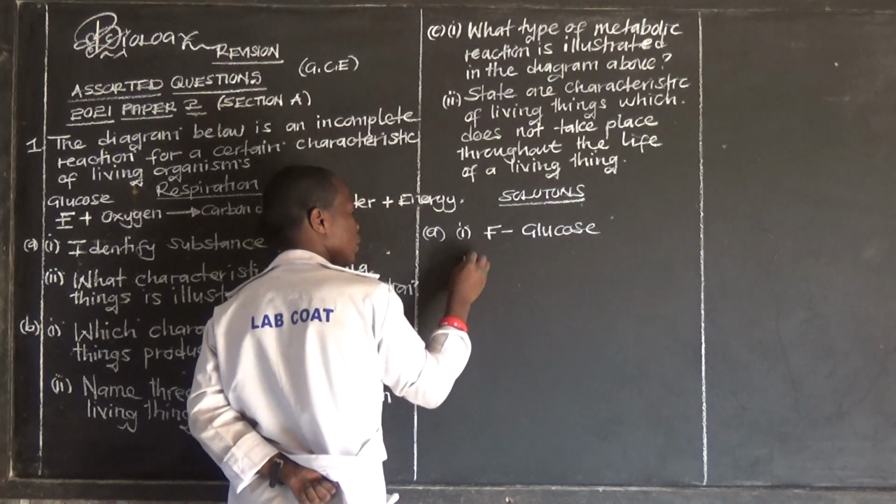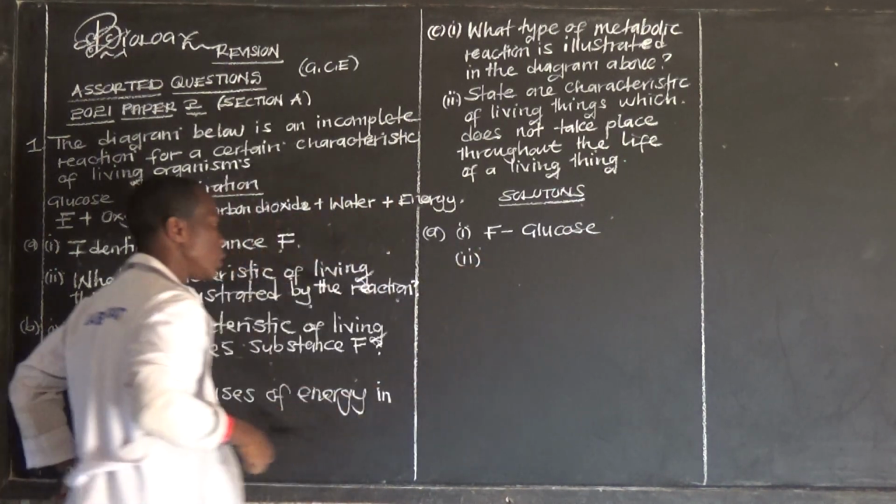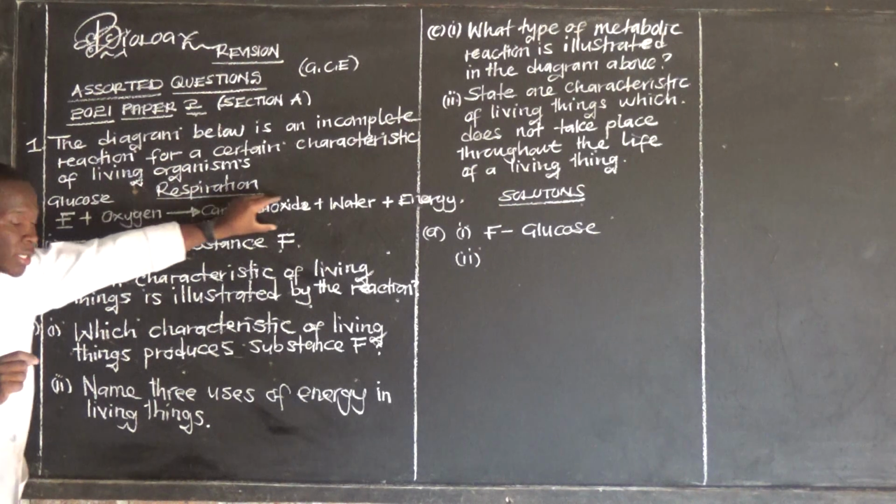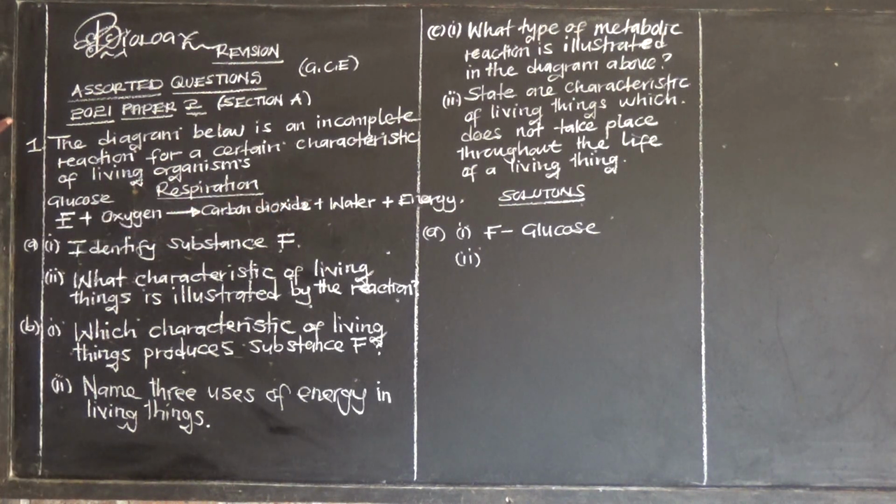Then let us look at Roman numeral 2. They are saying, what characteristic of living things is illustrated by the reaction? What characteristic of living organisms is illustrated? So they want this characteristic. Now we have got a lot of characteristics of living things, right?